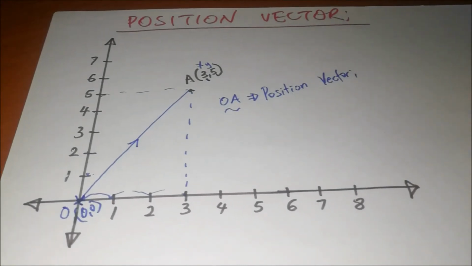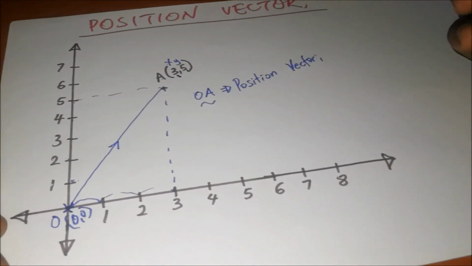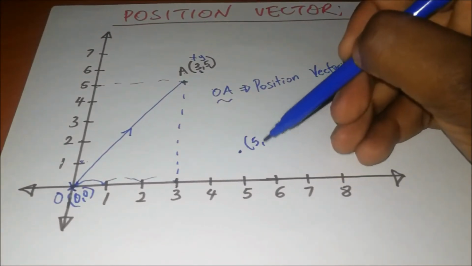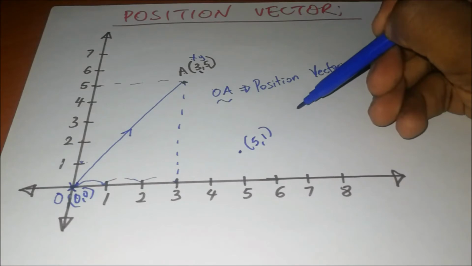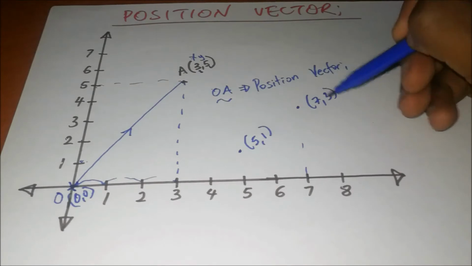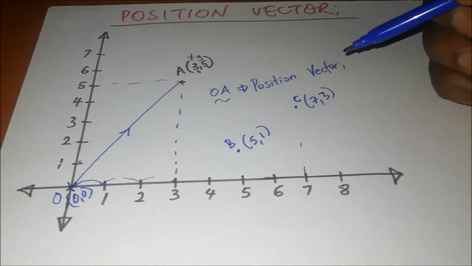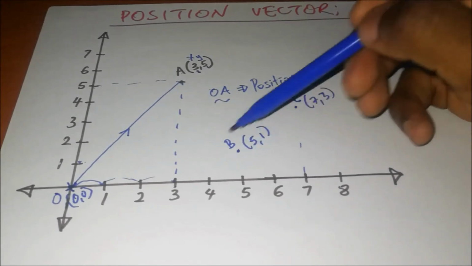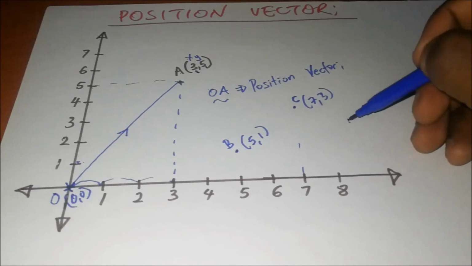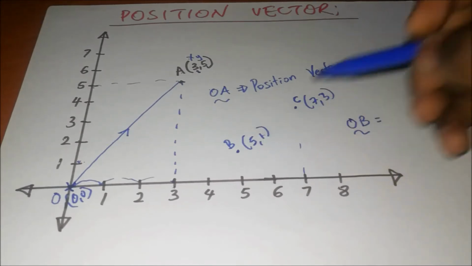In other words, a position vector is simply a displacement vector that is coming from the origin O. For example, let's say this is coordinate 5, 1 and this is 7, 3. This is coordinate B, this is coordinate C. And I asked you to find the position vector of point B. The position vector of point B is denoted as OB, and it's given in column form as 5, 1.